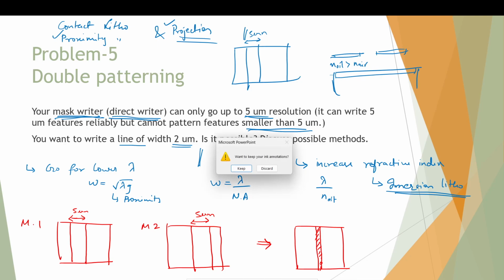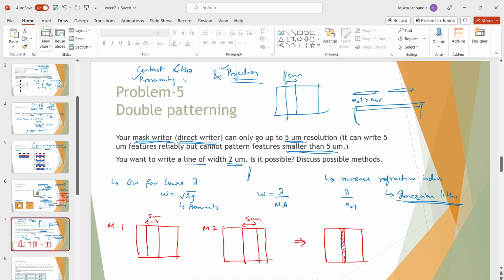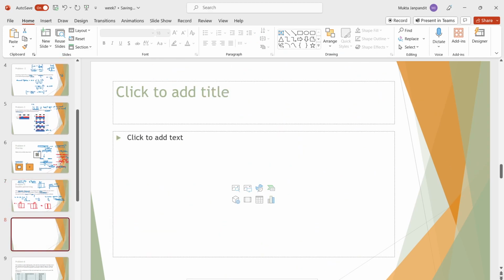So, okay, I will just take another slide. Say again, like in the previous case, I have a stack of silicon, say again oxide only, SiO2. Now, I want to write a single line in this oxide layer. So, first I will expose it with a mask of 5 micrometer width. Which resist should I coat it with? Negative resist, right?